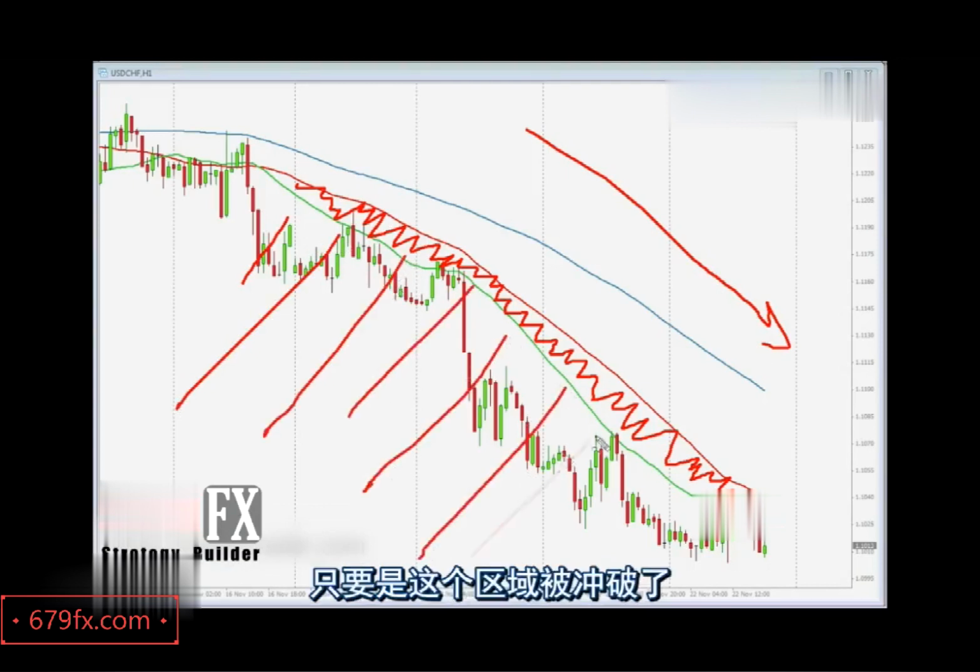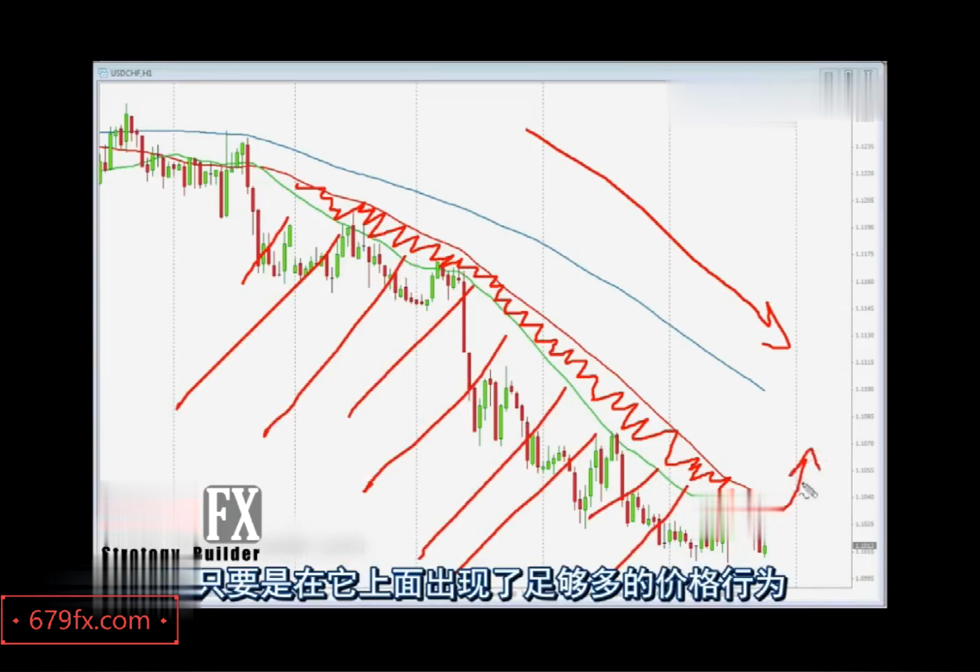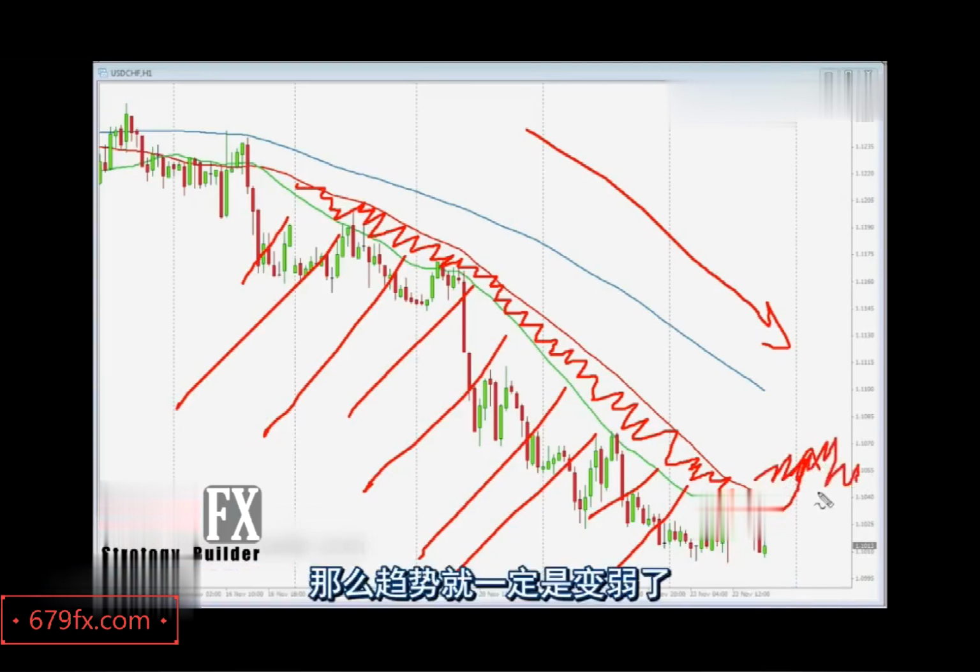As soon as we breach this area, as soon as we break above and begin to have enough price action above this area, the trend is definitely weakening, or even finished.